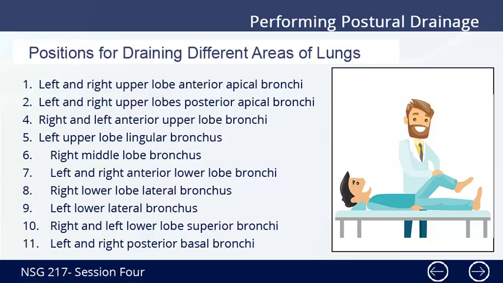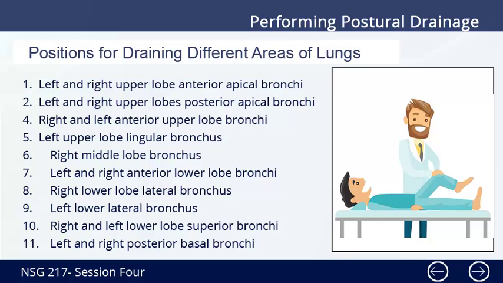Can do both sides at the same time. Number 3, right and left anterior upper lobe bronchi. You will have the client lie flat on back with a small pillow under knees. Percuss and vibrate just below clavicle on either side of the sternum.